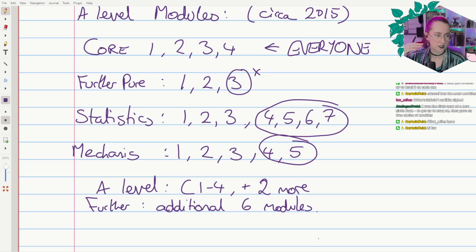And this was back when you sat your AS level as well. So your AS maths was core 1, core 2, core 3. I think that was the requirement for the half year A level. And then people sat like S1.